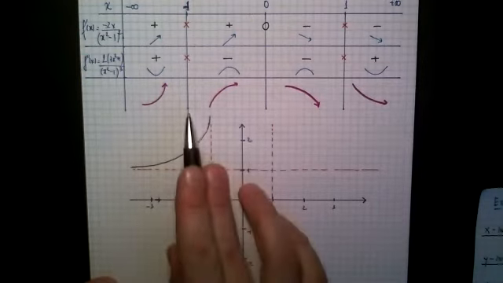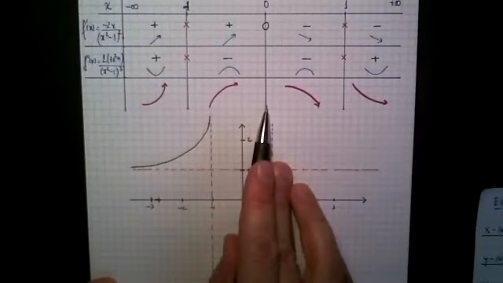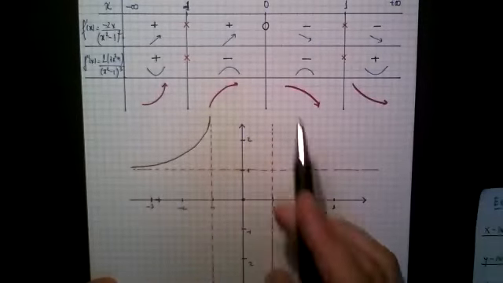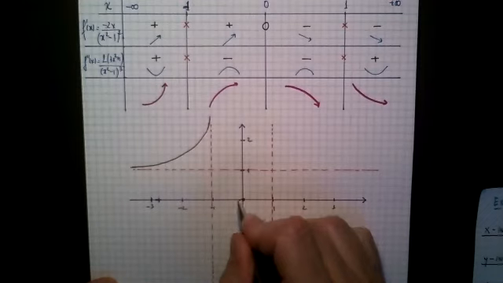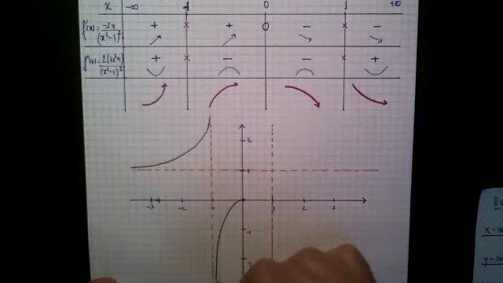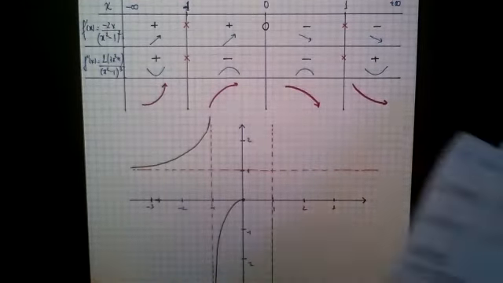Then from minus 1 until 0, it's increasing concave down, has to go to 0, and of course it's getting close to the asymptote. From the left side, it's getting close to minus infinity, like we said right here.